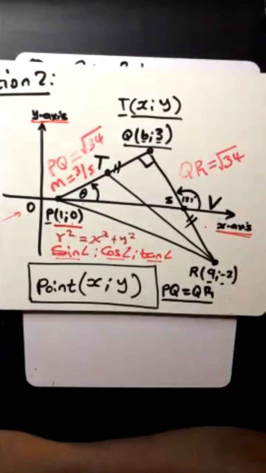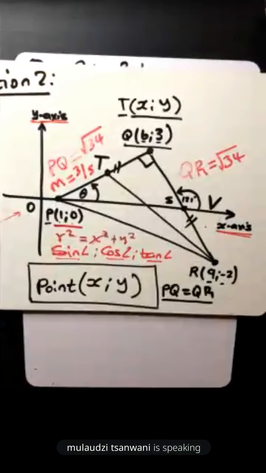Okay, I want to ask, in order to find theta, how about I use that rule that says the exterior angle of a triangle is equal to the sum of the opposite interior angles, where I'm going to say 90 plus theta is equal to 121.